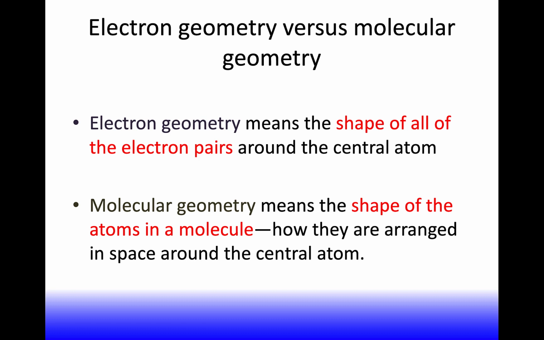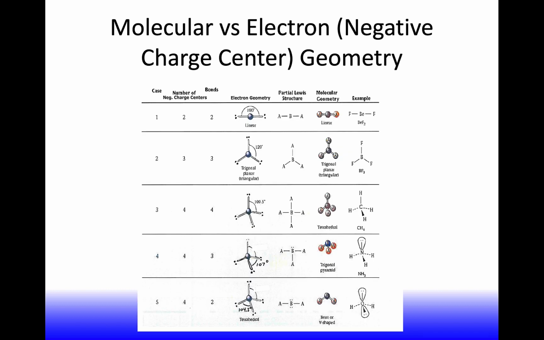Molecular geometry means the shape of the atoms in the molecule, how they are arranged in space around the center atom. Now, what you're going to see is you're going to have this as a handout. It shows you both the number of negative charge centers and the number of bonds, so some of them will be negative charge centers that are bonds, and some will be negative charge centers that are lone pairs. It shows the electron geometry.